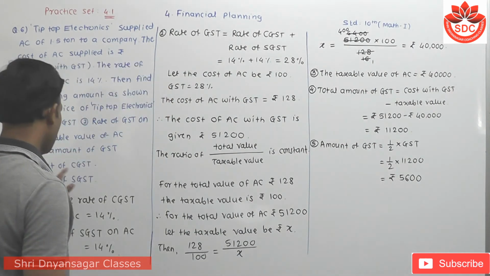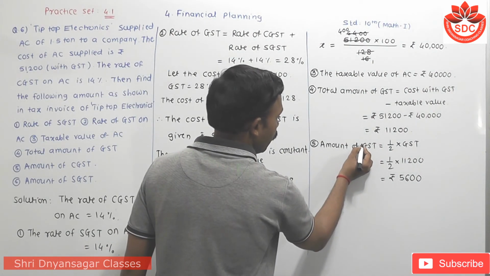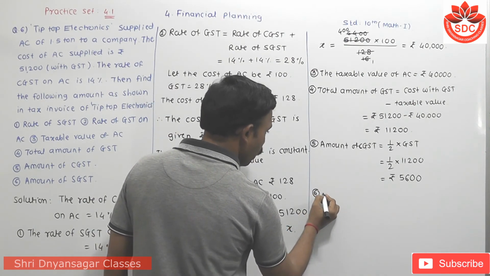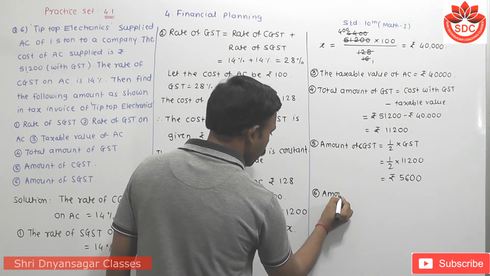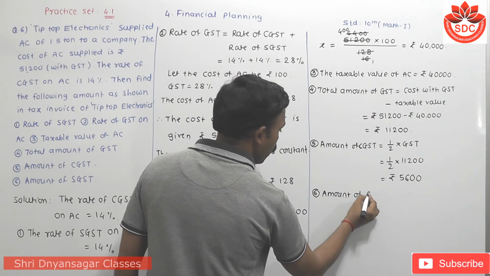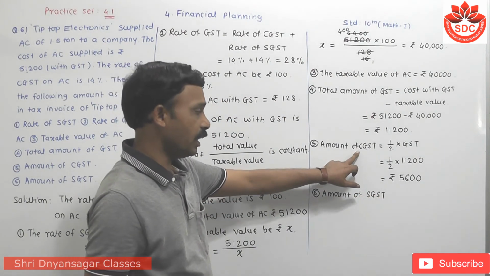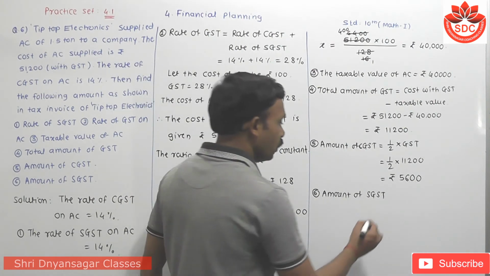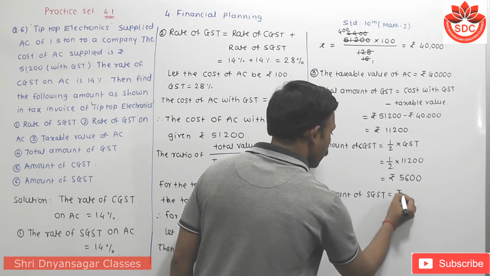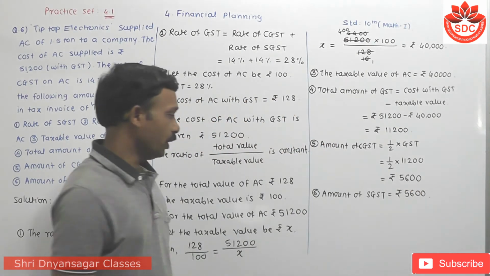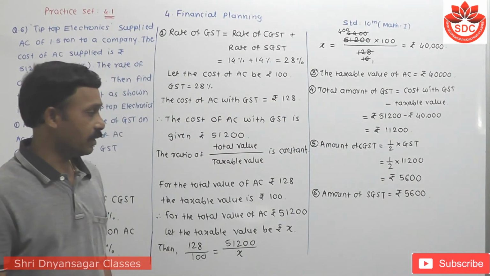Sorry, here fifth one is amount of CGST, and then sixth one is amount of SGST. Student, amount of CGST and SGST is same, so this is equals to rupees 5,600.